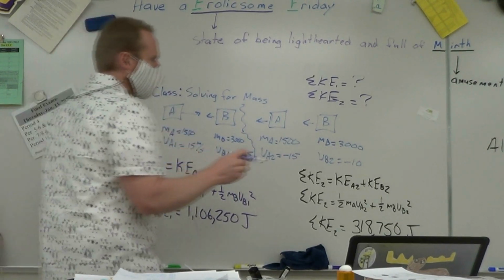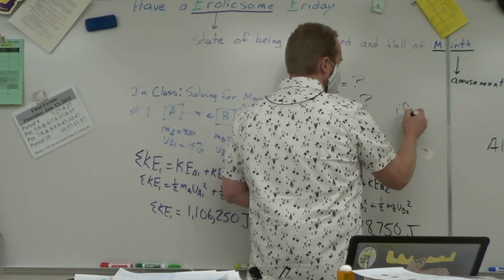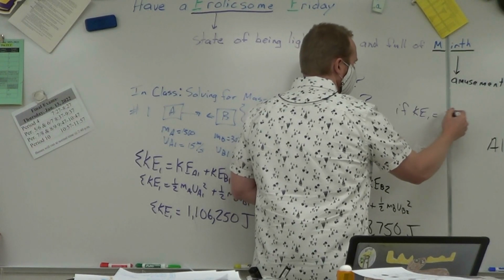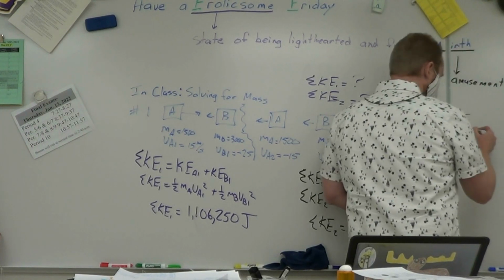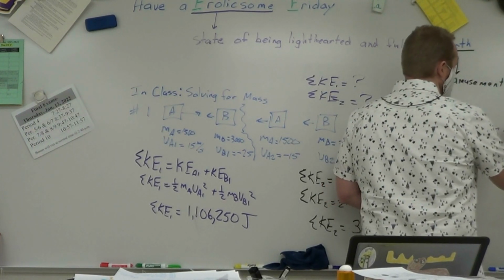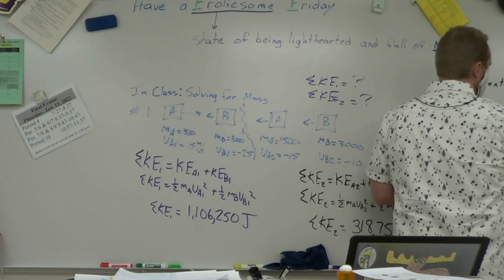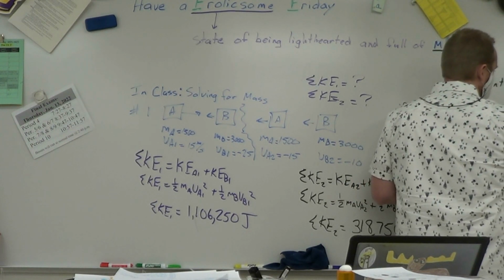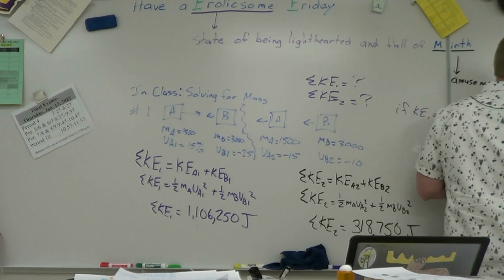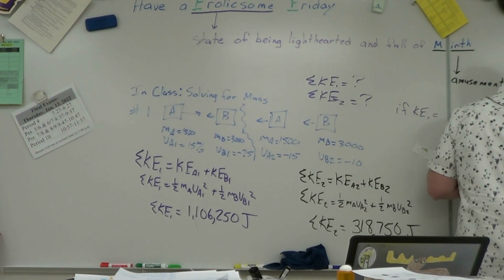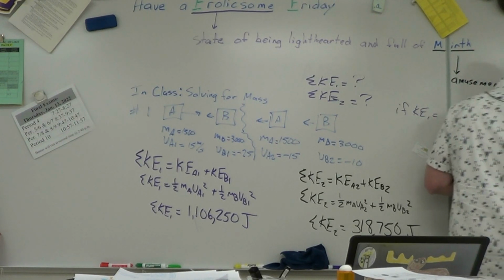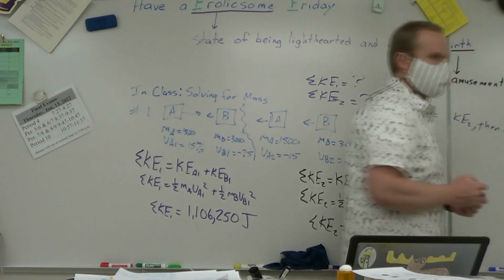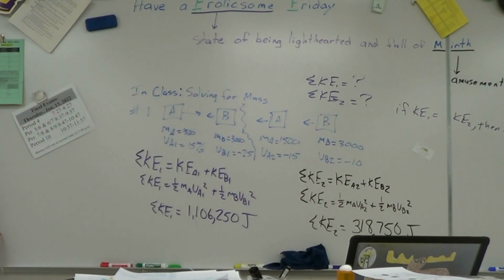And if KE1 equals KE2, then KE is conserved, which then means it's an elastic collision. Okay? Then it's an elastic collision. If the answer to that is no, they aren't equal, then it's a partially inelastic.